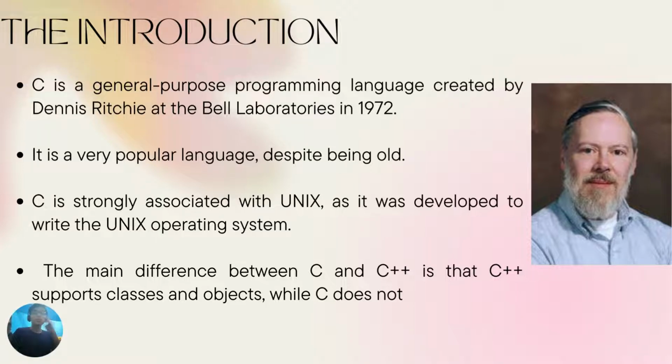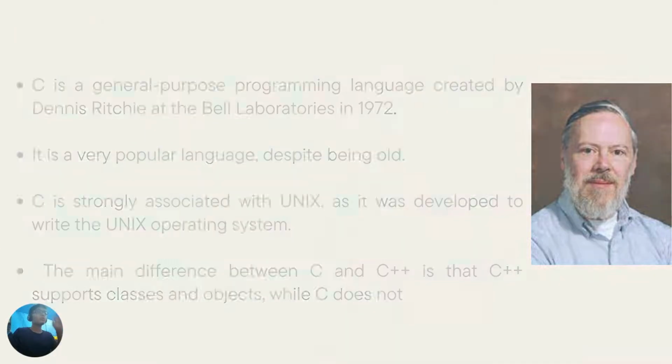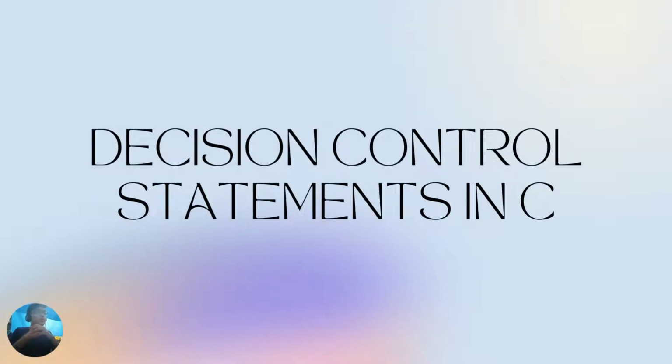If you know, Unix was the predecessor of Linux. The main difference between C and C++ is that C++ supports classes and objects while C does not. So we can say that C++ is an upgraded and updated version of C, but C has its own prominence and applications. So let's move on to decision control statements in C.